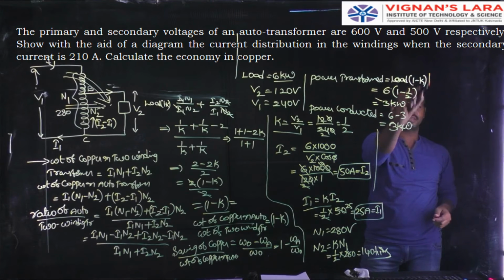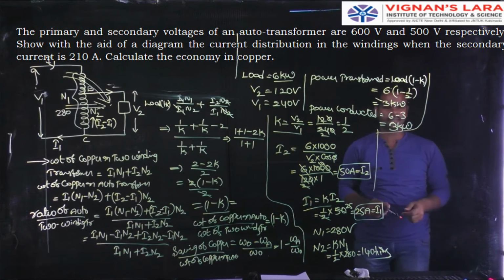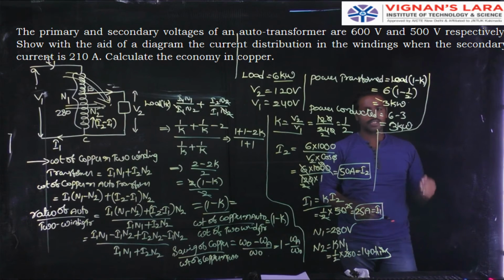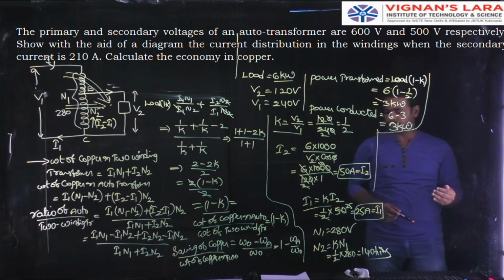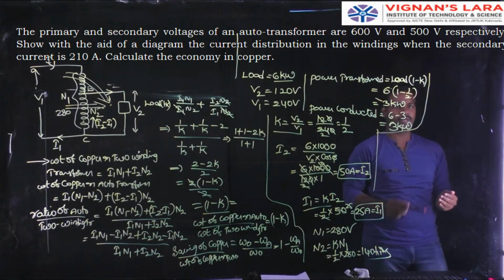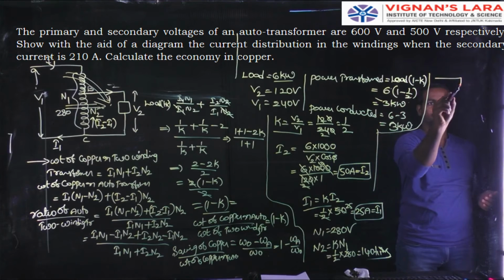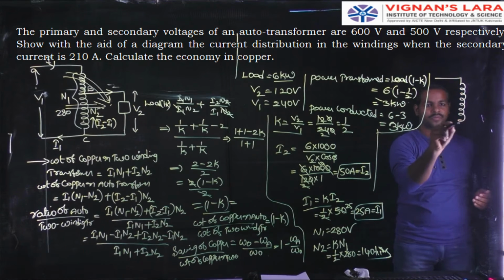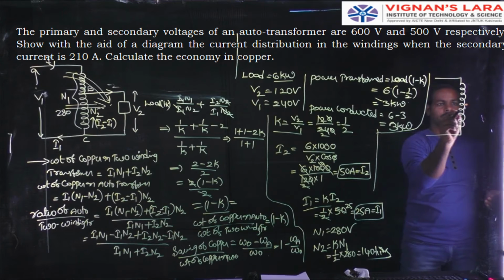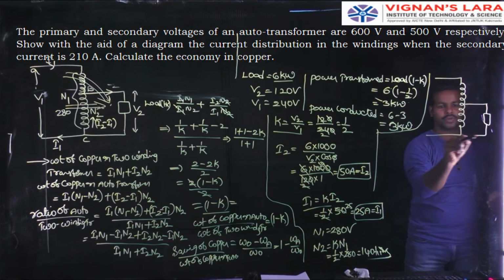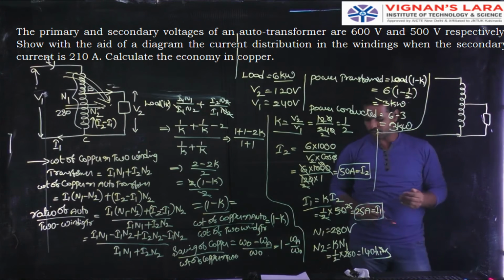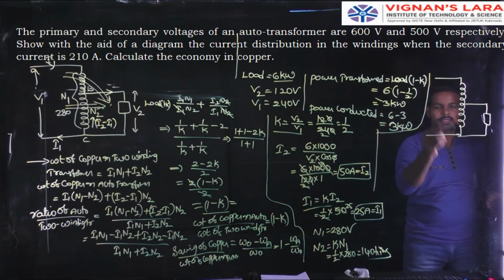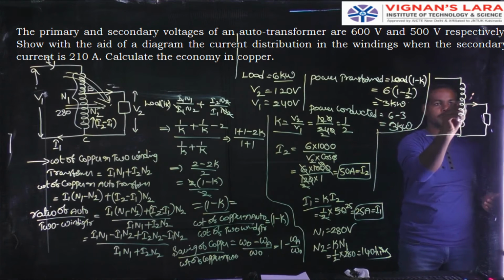So in this, first of all we draw the general circuit diagram of an auto transformer. The load current is equal to 210 amperes.